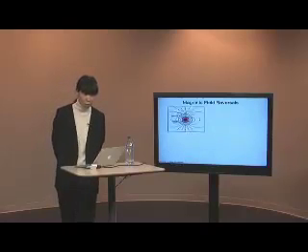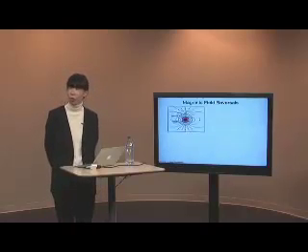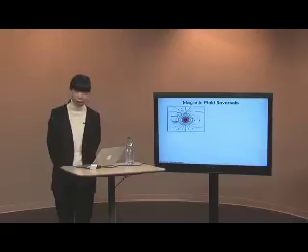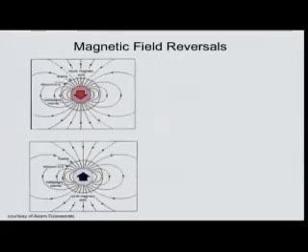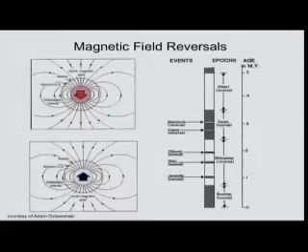So currently, we are sitting in what's called a normal epoch, with North Pole being North Pole and South Pole being South Pole, and we could have, however, magnetic reversals. We could end up having the North Pole being our South Pole and the South Pole being our North Pole. We have recordings of that. If we go back in time from the current time at the bottom to 5 million years ago, the colors show different polarities.